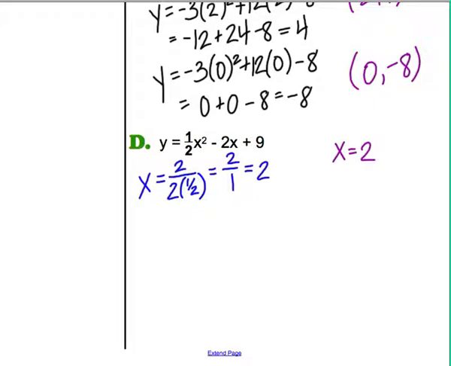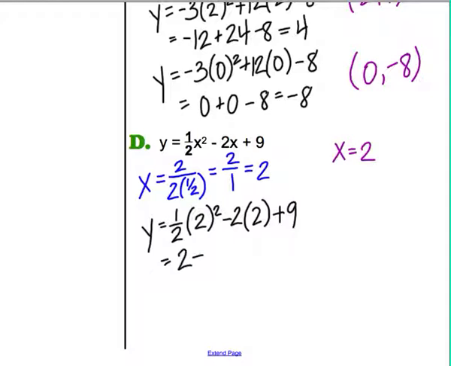Putting that back into our equation, we get y equals 1/2 times 2 squared minus 2 times 2 plus 9. 2 squared is 4, half of 4 is 2. 2 times 2 is 4, plus 9. 2 minus 4 is negative 2, plus 9 is 7, making our vertex 2, 7.